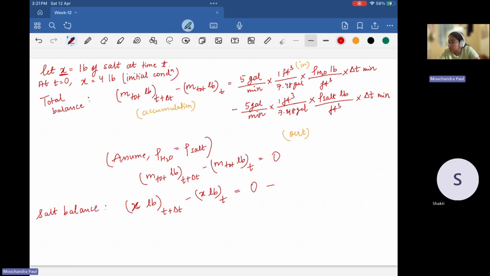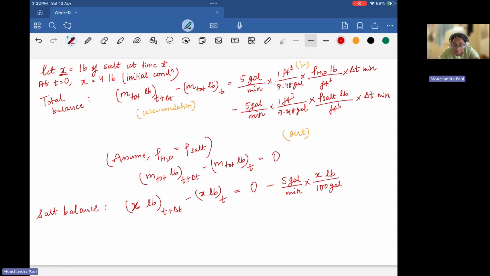And what is coming out? 5 gallon of salt solution per minute is going out, and in this, X pound of salt is there per 100 gallon of water in time delta t minute.